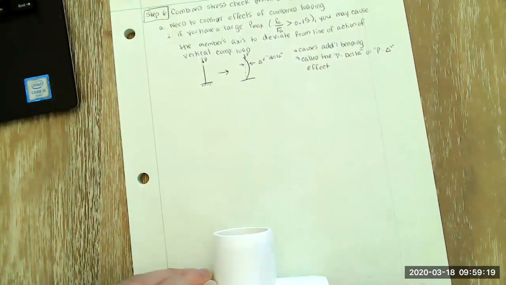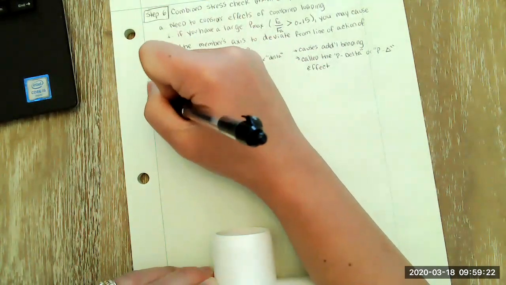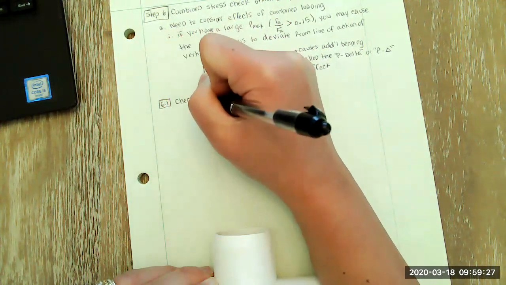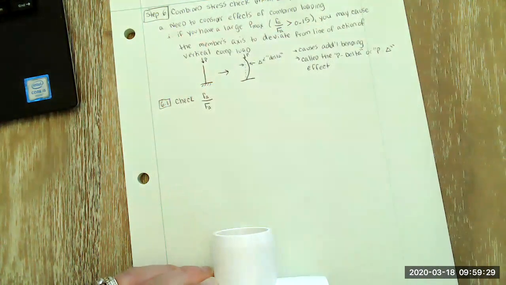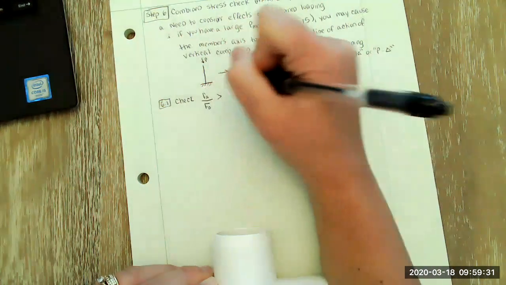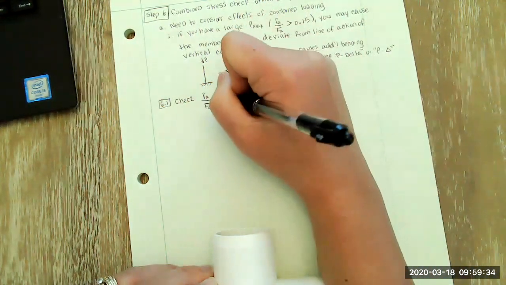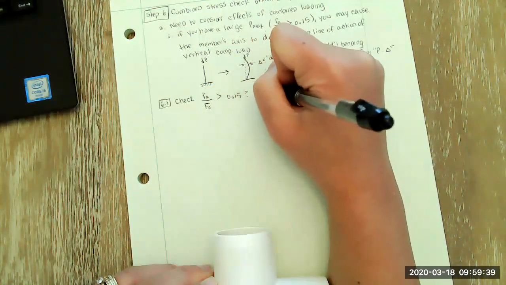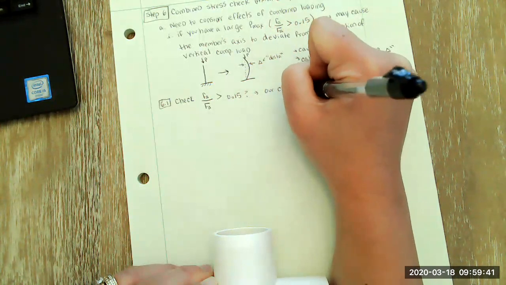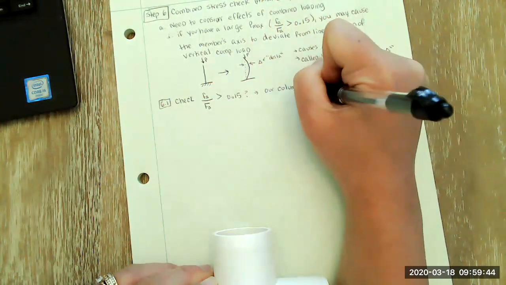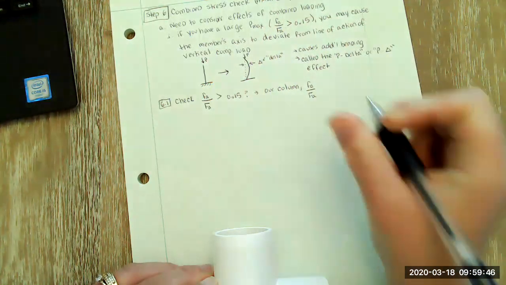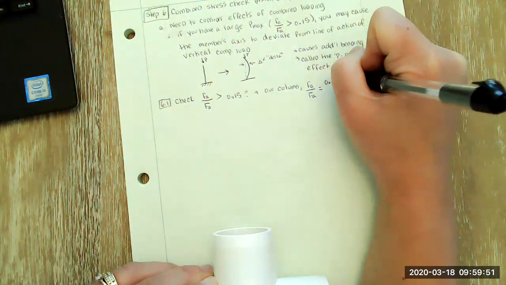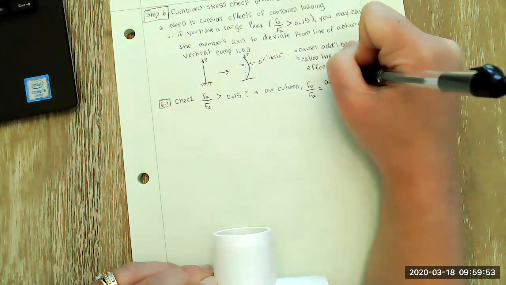So the first step we have to do is 6.1, which is to check that lowercase f sub a over our capital F sub a is less than or equal to 0.15. So for our column, we have our actual over our allowable axial stresses equal to 0.339 KSI. This was from step 2.